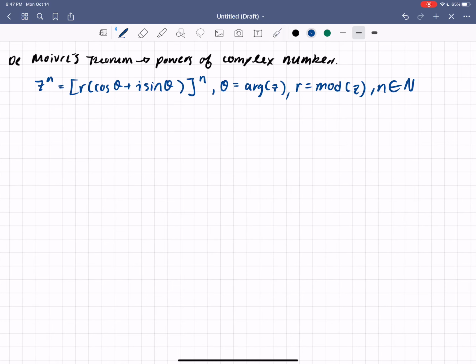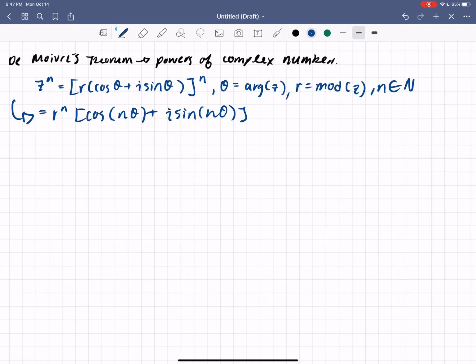So to do this, the formula, if we have a complex number in that format, we'd evaluate it as follows. This would equal r to the n (cos n theta plus i sine n theta).